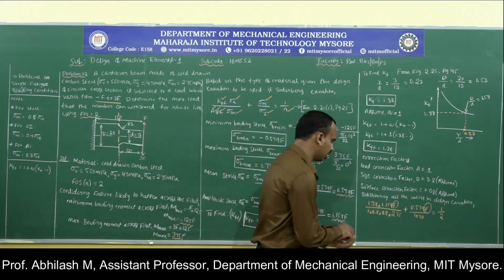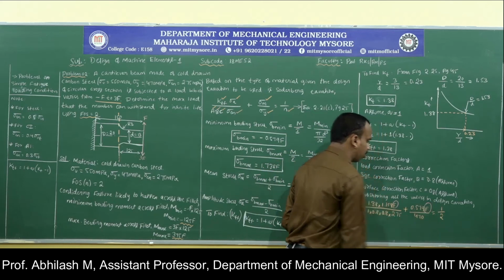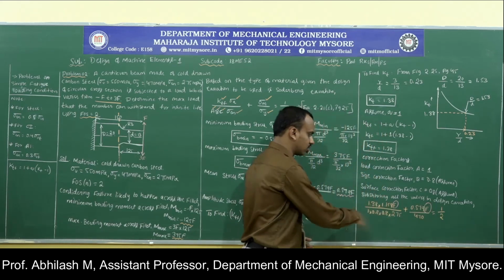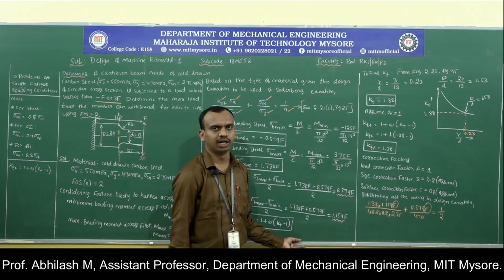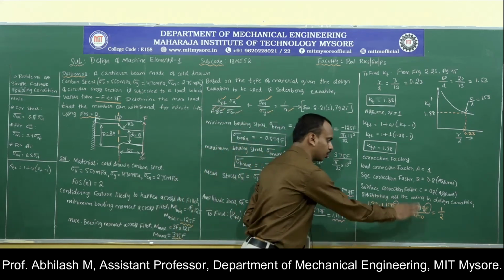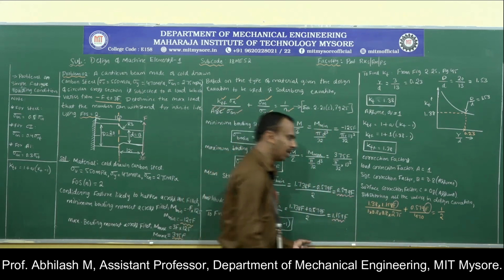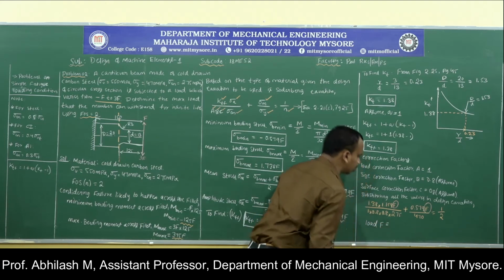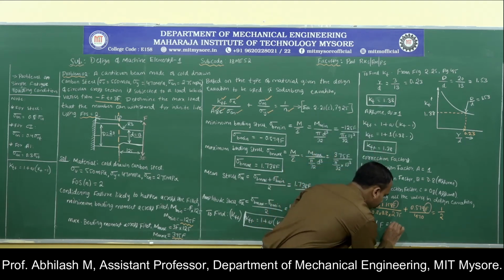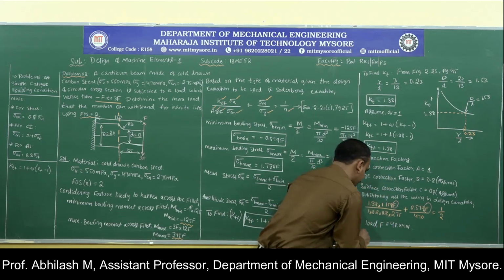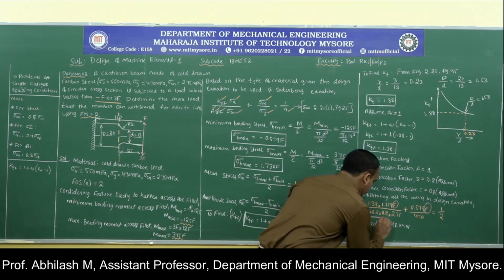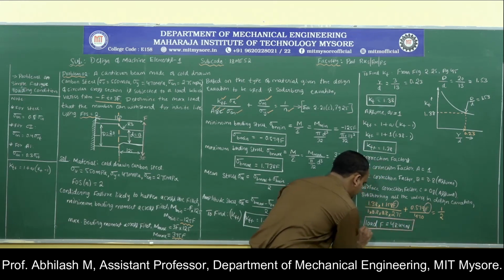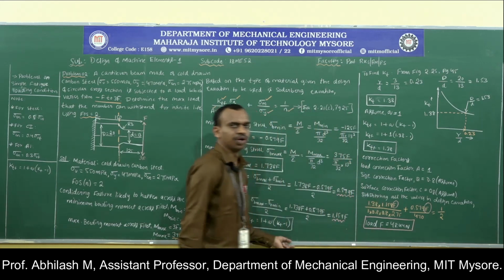So, solving this equation and calculating the value of F, I am going to obtain the load F equals 48.44 Newton. So, this is the load F value that is obtained after solving the equation.